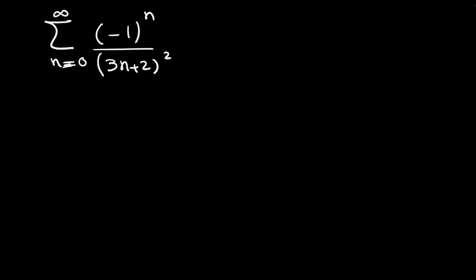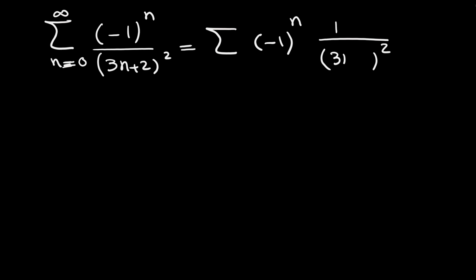Here we have a series of (-1)^n over the square root of 3n plus 2. This is an alternating series. Let me rewrite it: it is (-1)^n times 1 over the square root of 3n plus 2, and n starts from 0 and goes to positive infinity.